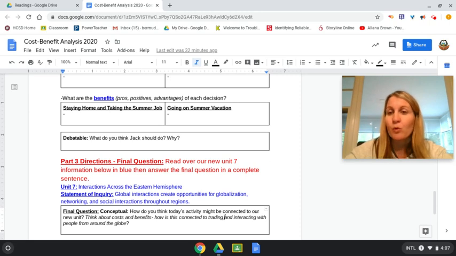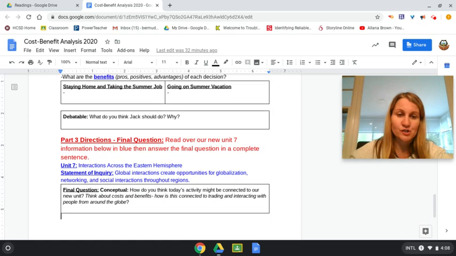So this is all about how do people interact with one another that are from different areas of the world? How do people socialize with each other? How do they network? How do they help one another? And how can they sometimes harm one another? This question is really about bringing everything together from the year. How do people come together and interact with one another on a larger scale?